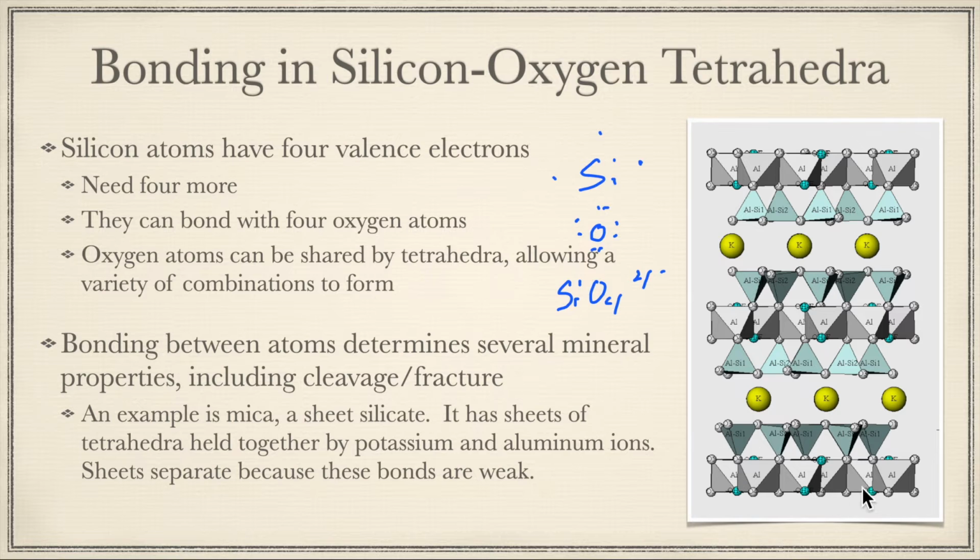So these basically are negatively charged sheets of silicates. So these are basically sheets of silicon-oxygen tetrahedra, and they are sort of loosely bound to other sheets by either potassium ions or aluminum ions. So that makes these have very weak planes right here. So you actually peel off sheets of this.